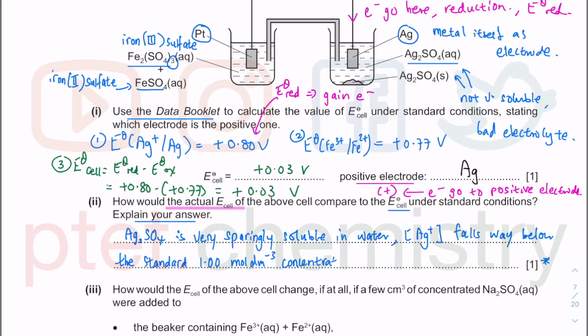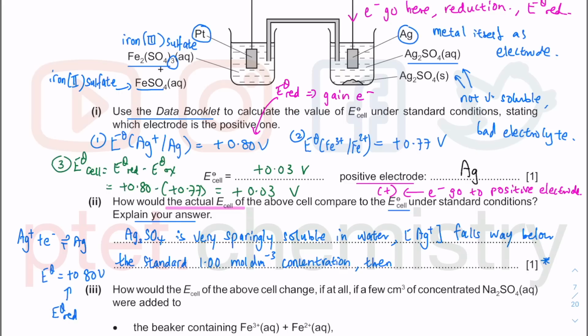And if that is true, then what will happen to your reduction potential? Because you have Ag plus and electrons going to Ag there, and this is your E naught of plus 0.80 volt. And remember that was what we said to be the E red.